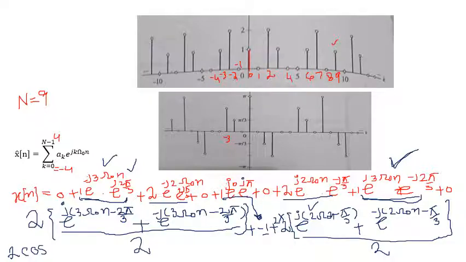That is 3 omega naught minus 2 pi by 3, right?